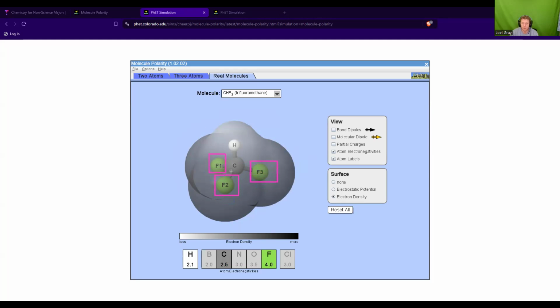What I want you to notice about F1 is that it's kind of in the background. F2 is in the foreground, and then F3 is a little bit adjacent on the right. So F1 is in the background, F2 is in the foreground, F3 to the right, a little bit in the background. Now, let's go back to the polarity of this molecule.